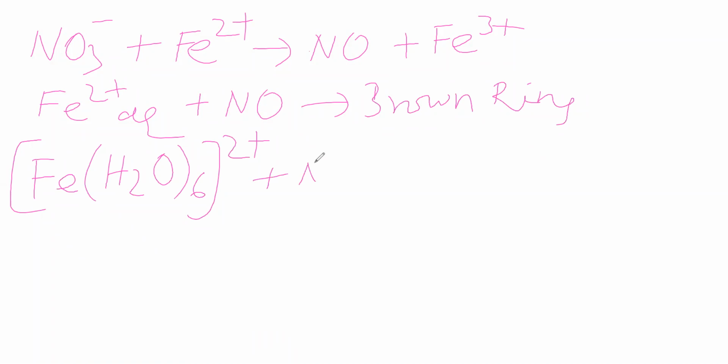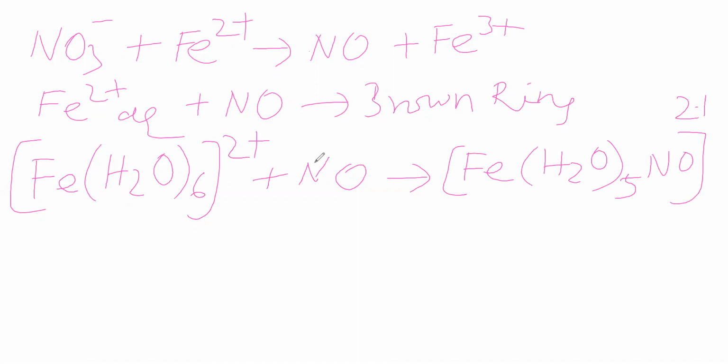This with the NO gives a complex, that complex is [Fe(H2O)5NO]. That means one water molecule is replaced by NO, so one water molecule is removed here.